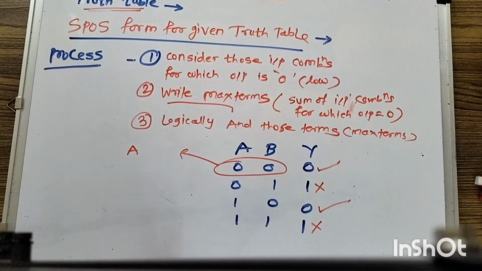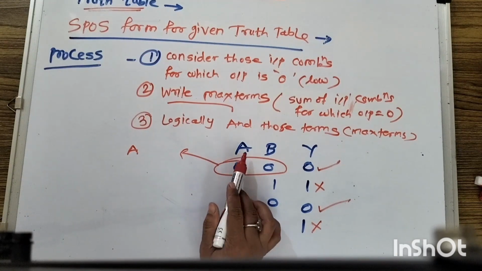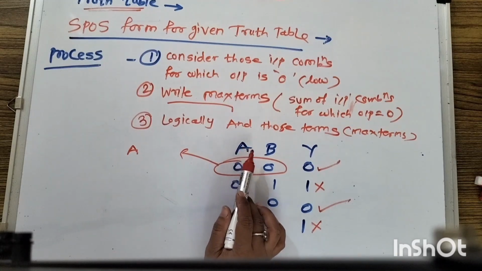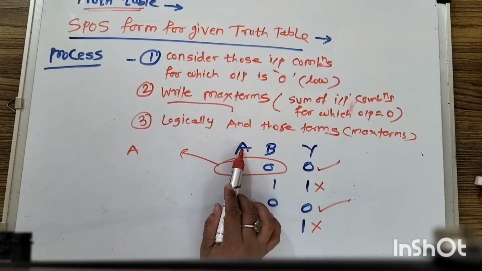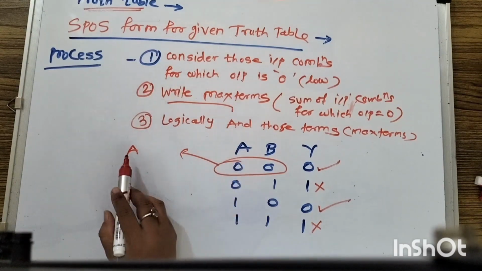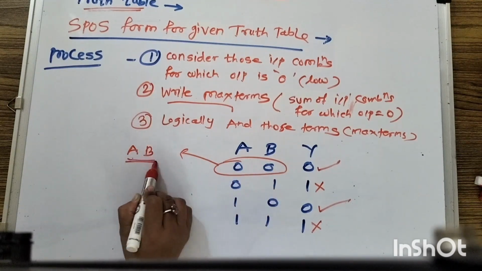As you see in my last videos, I have already told you for the max terms, if inputs are 0 0, we always consider the high value. That means 0 is A. So in the general case or in SOP form, we consider it as A bar, but it is a max term. We are writing max terms, so consider 0 as A, and again 0 as B, not bar term. So this is my first term.